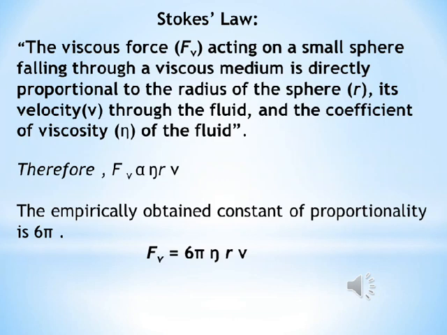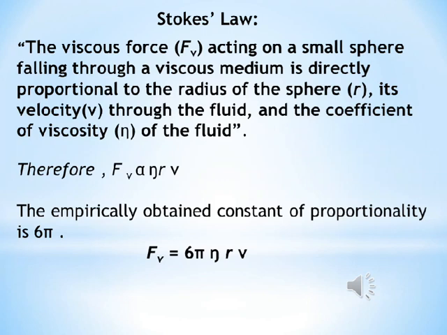Its radius should be considered, the velocity with which it is moving, and eta, the coefficient of viscosity. According to the law, Fv is directly proportional to eta r v.